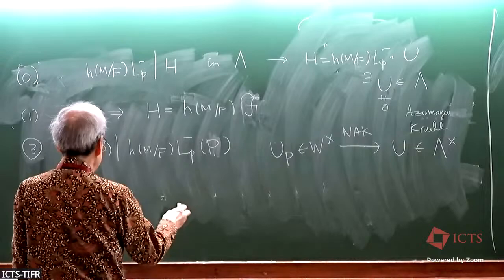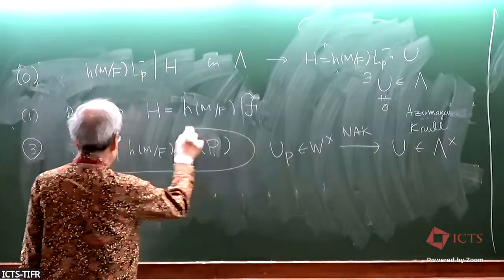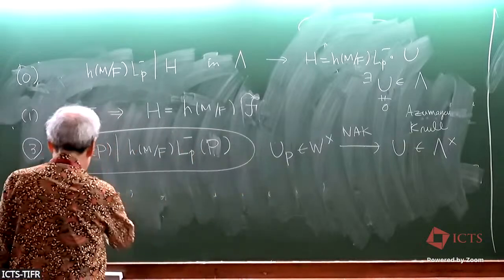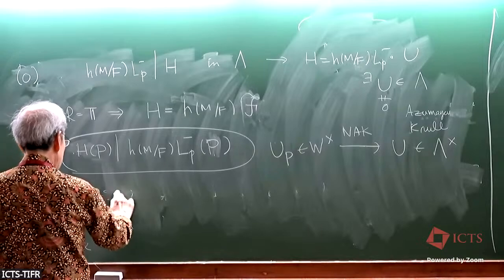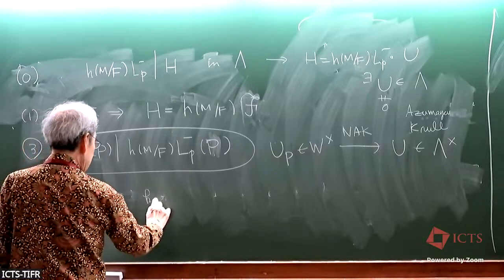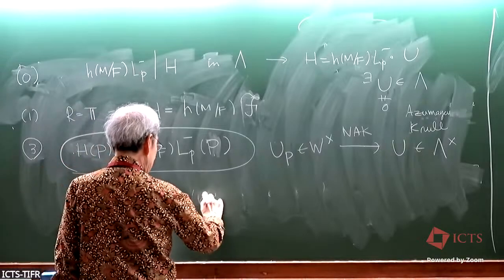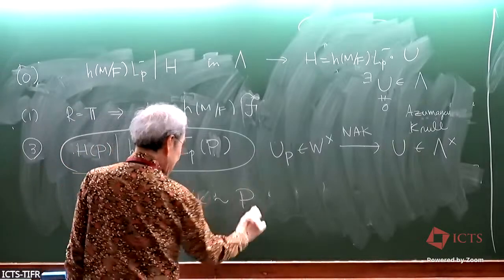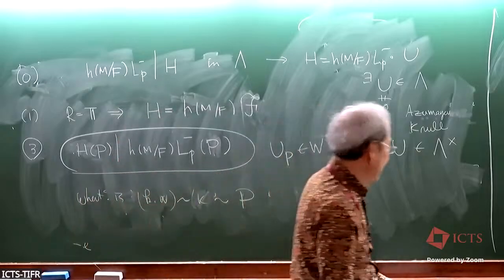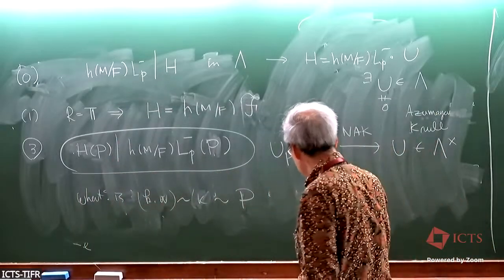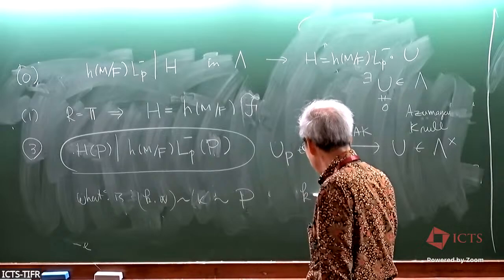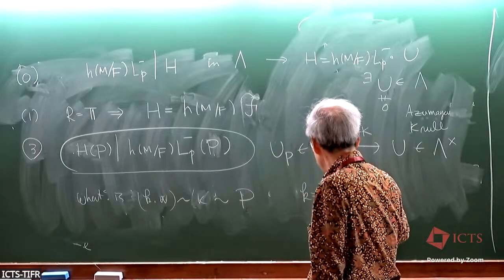So this is the main point. So what is this P? So what is kappa corresponding to this P? And of course, the easiest choice is weight 2. So this K is 2, and with some Neben character.